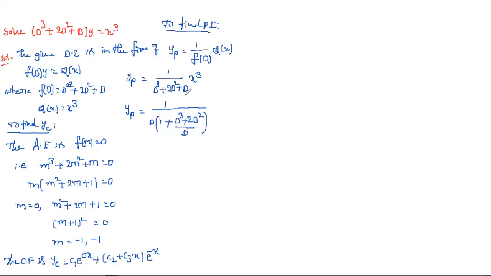D into 1 is D, and if you multiply D with the rest, the Ds cancel and we get the same expression, into x³.